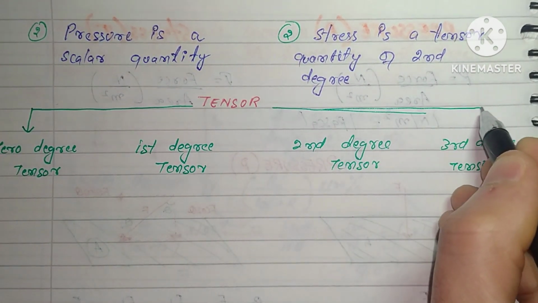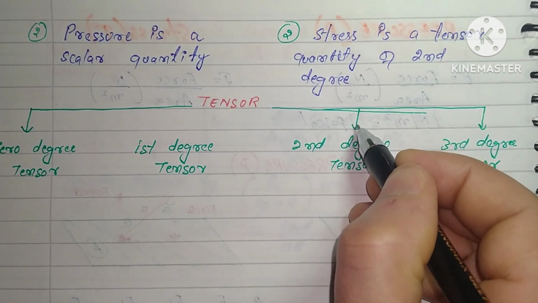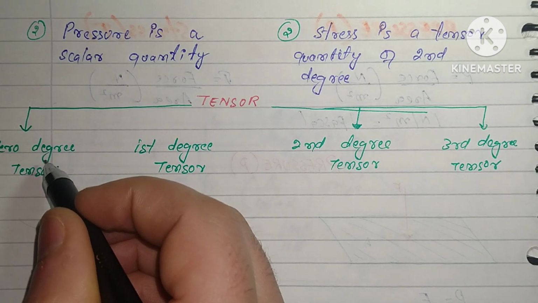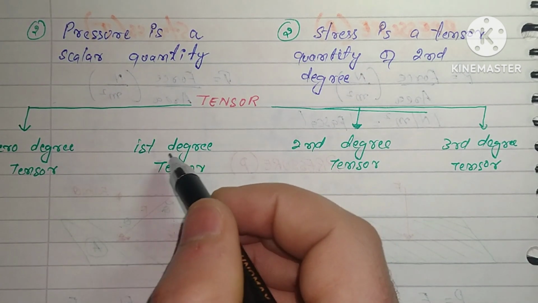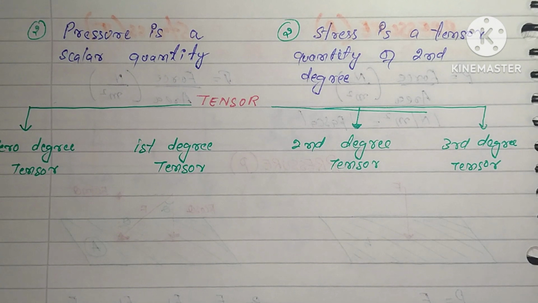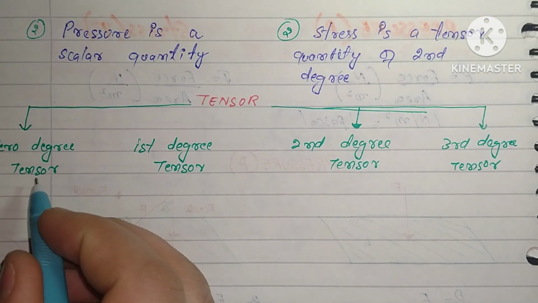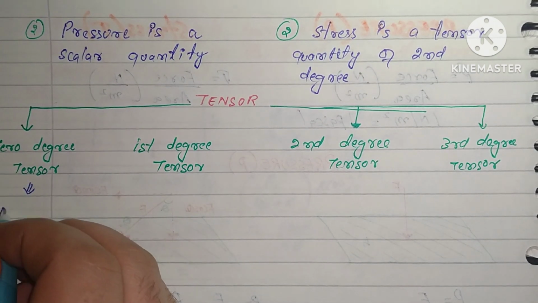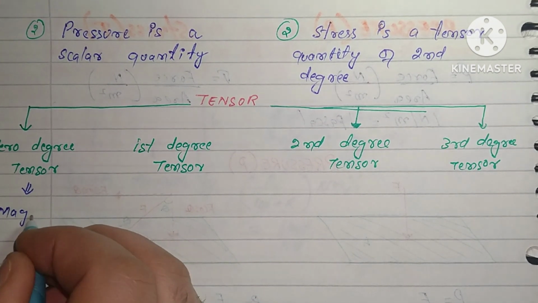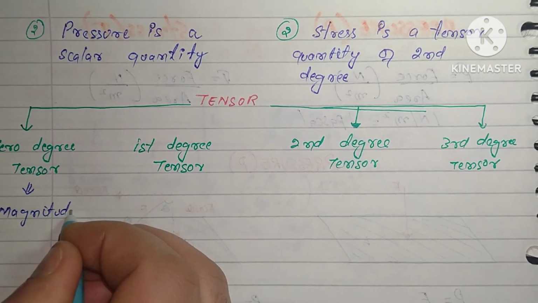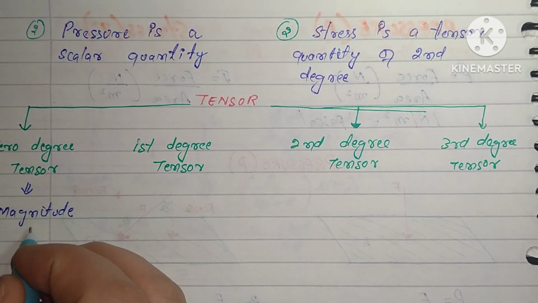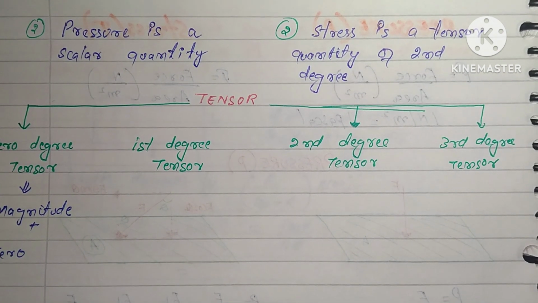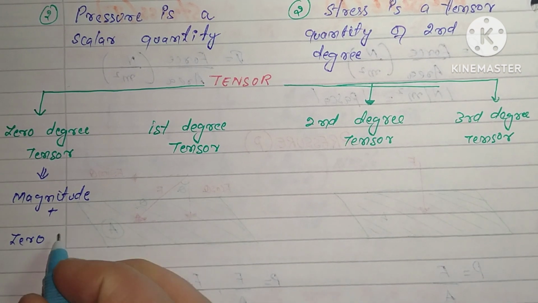These are all called tensors. It is also called zero order tensor or 0 degree tensor, first degree tensor or first order tensor. A 0 degree tensor, or 0 order tensor, means any quantity which has magnitude and 0 direction.